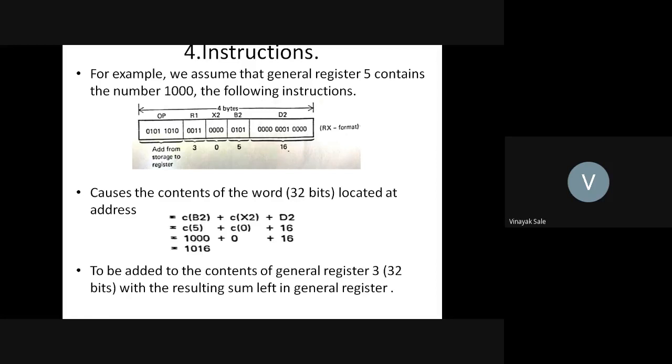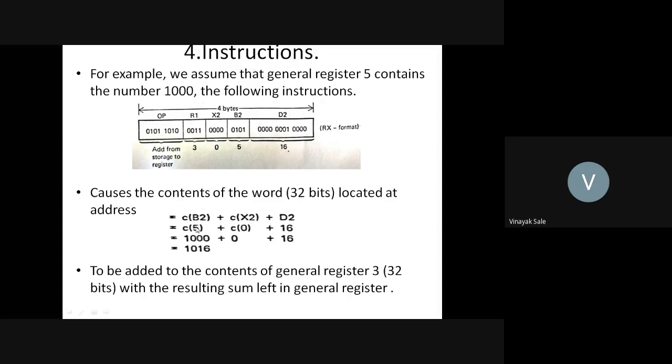So for calculating the address of these 32-bit located contents, this is the formula: C of B2, that is base 2, plus hexadecimal 2 plus displacement 2.